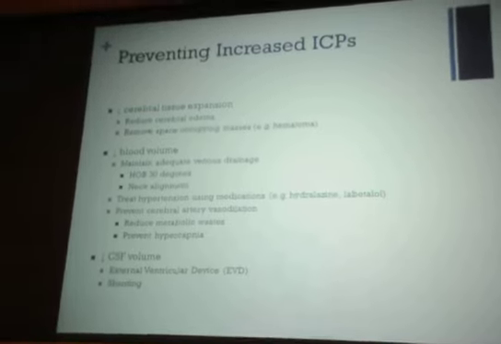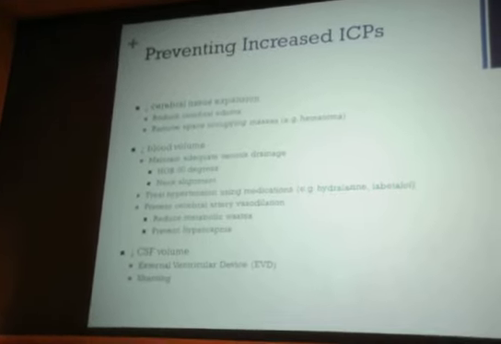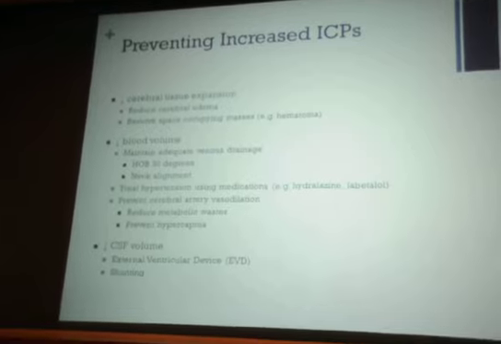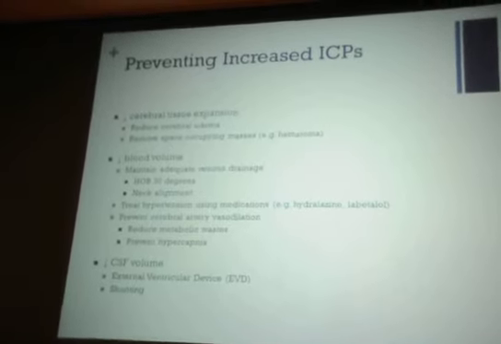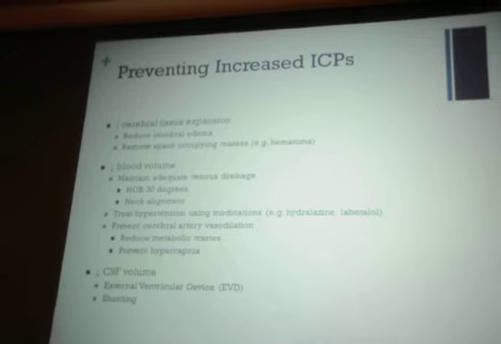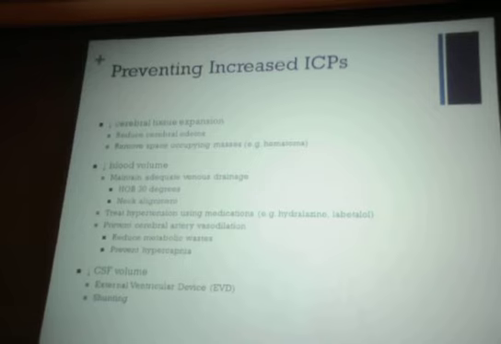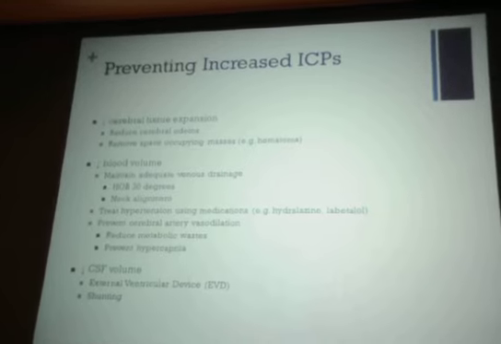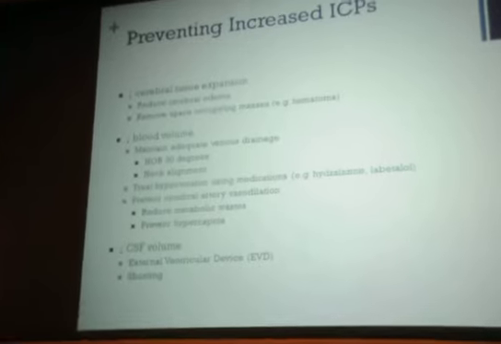To decrease blood volume, we can also treat hypertension using medications such as PRN hydralazine and labetalol. And we can prevent cerebral artery vasodilation by reducing metabolic waste and preventing hypercapnia. Third, we can decrease cerebrospinal fluid volume. This can be done with an EVD by draining off fluid or putting in a shunt surgically.